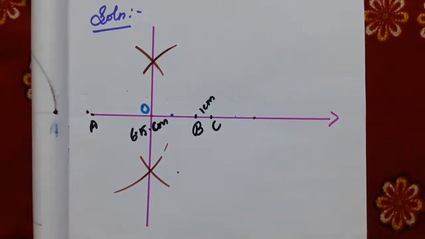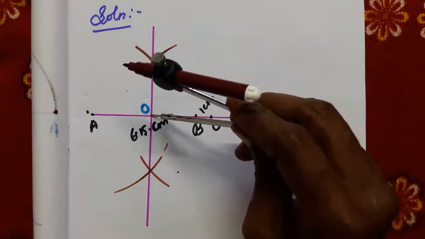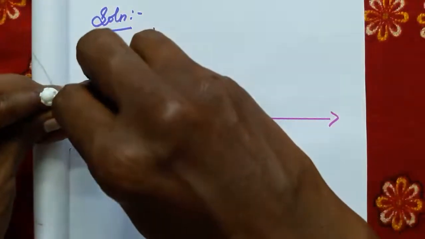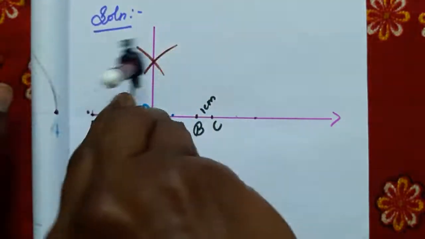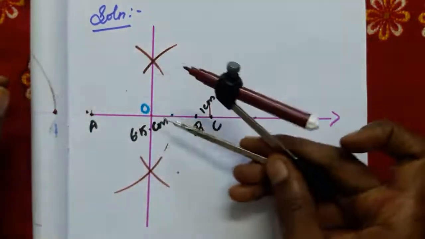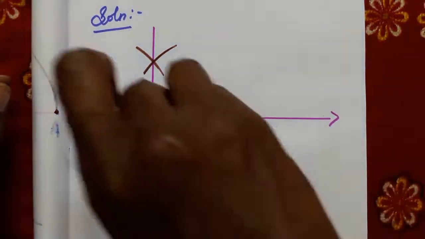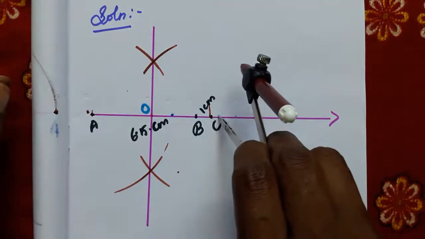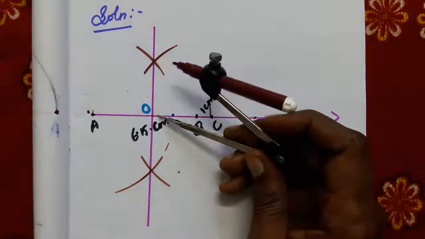Now check whether OA is equal to OC. OA and OC equal. Now with O as center, OA and OC as radius, you have to draw a arc.